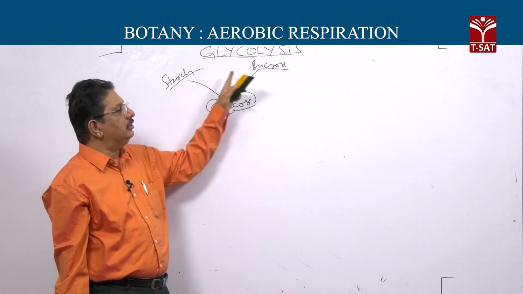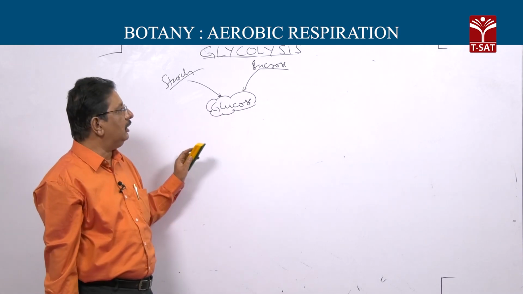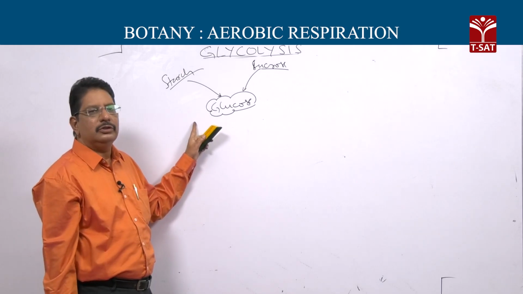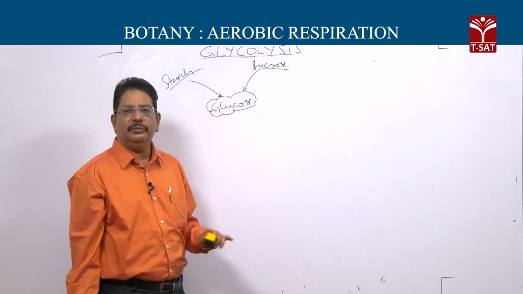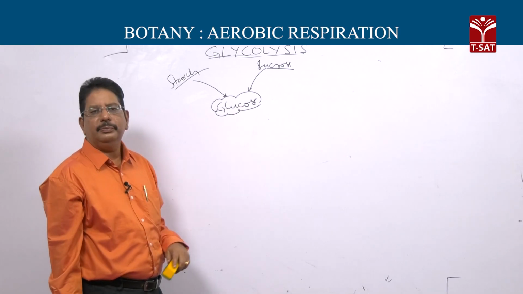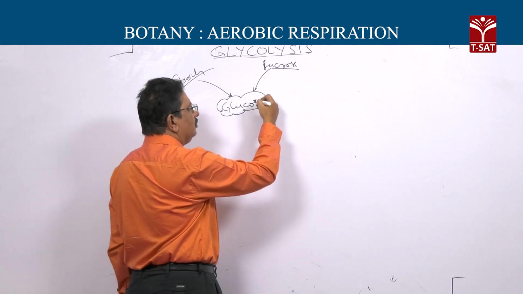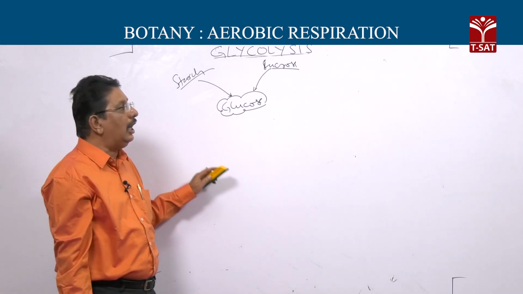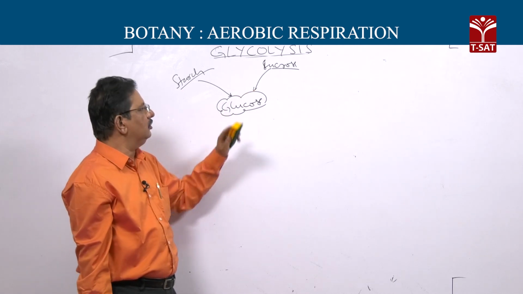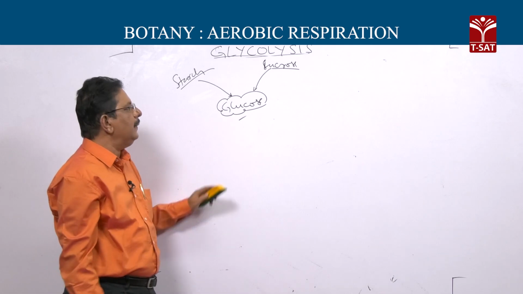But starch and sucrose are unfit for the respiratory process. They cannot be directly oxidized since they are big molecules. So, for the initial step of glycolysis or respiration, glucose must be present. So, starch converts into glucose or sucrose converts into glucose. After the conversion of either starch or sucrose into glucose, aerobic respiration starts.